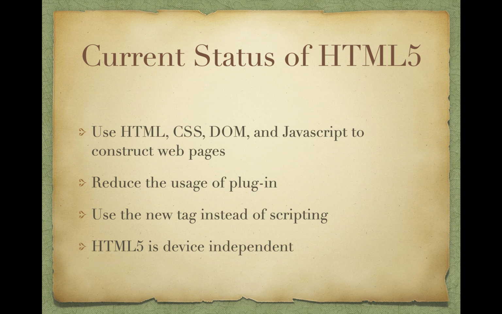Okay, so we use HTML, CSS, and JavaScript to construct web pages. Basically, in HTML5, we use HTML to specify what kind of element will be put in the web page. I want to put an image, I want to put a video, I want to put a text paragraph, I want to put a table, and so on. So we use HTML to put the web elements in the web page, and we use CSS to change the layout.